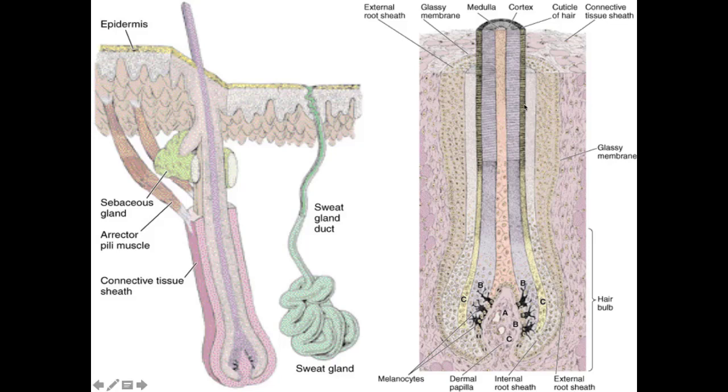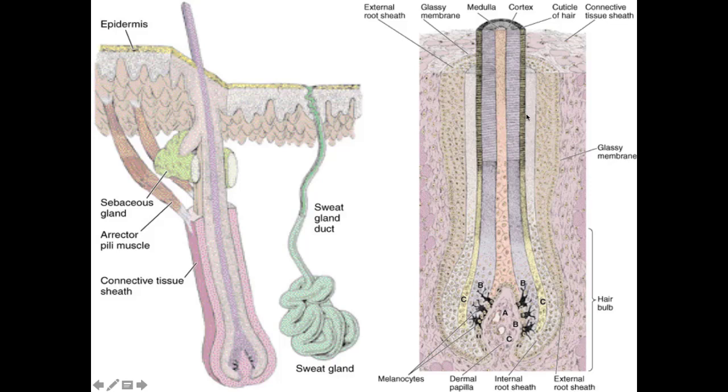The innermost layer of the internal root sheath is the cuticle. The cuticle is in contact with the cuticle of the hair, so it is not the same structure. There is the cuticle of the hair shaft, which is here, and it's in contact with the cuticle of the internal root sheath. So there are two cuticles in contact.